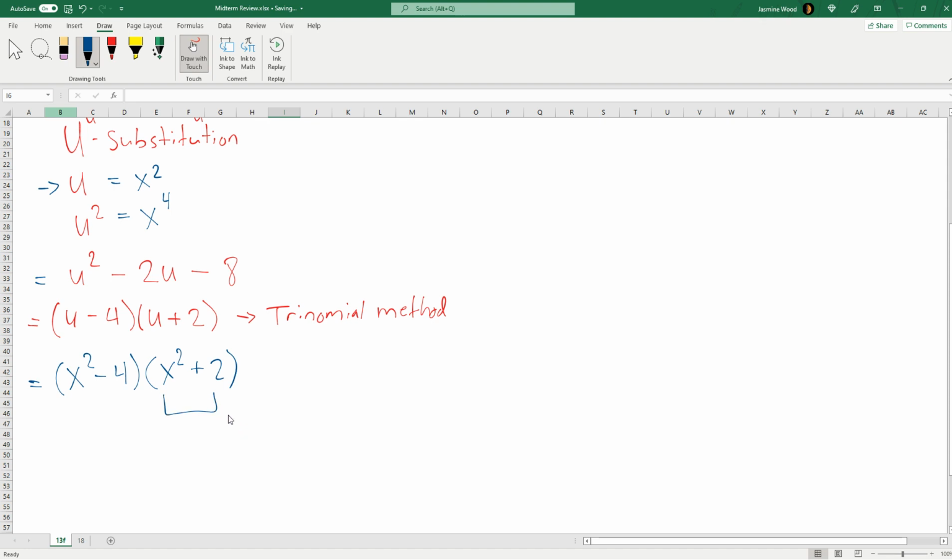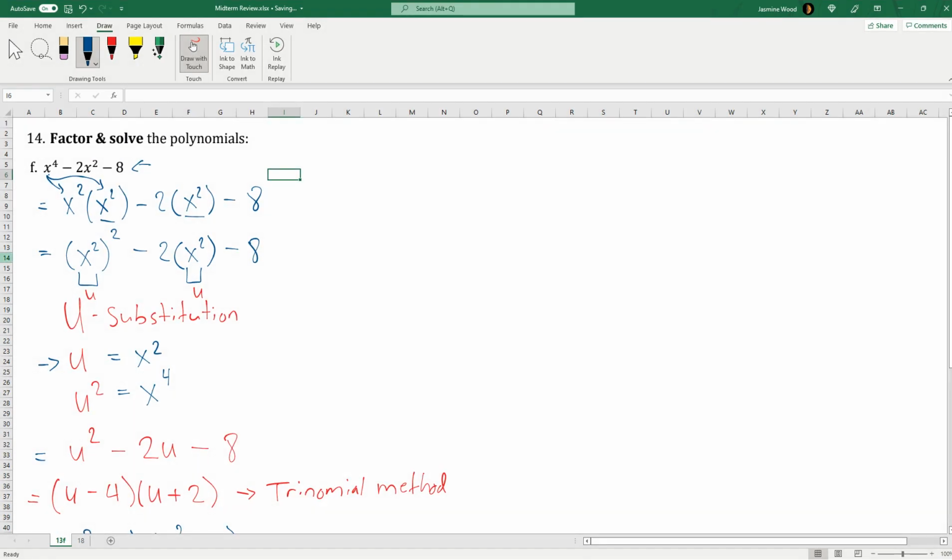As you know, x squared plus 2 cannot be further factored due to the plus sign. But because of the perfect square method, x squared minus 4 can be factored into quantity x minus 2 times quantity x plus 2. Then with the remaining unfactorable x squared plus 2, that's going to be our actual fully factored form of the original expression.